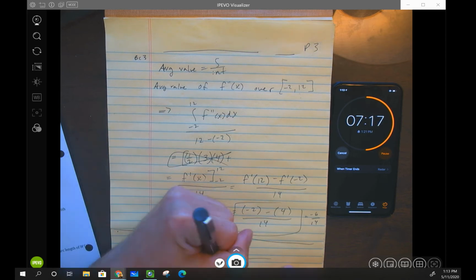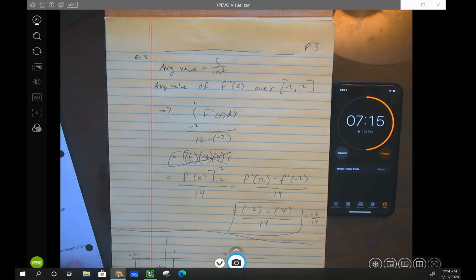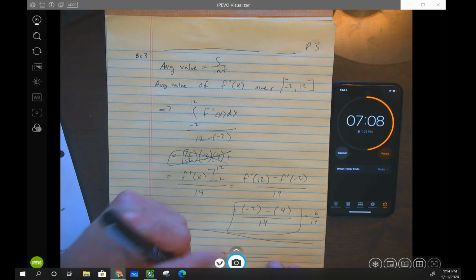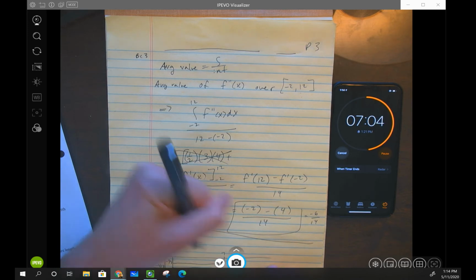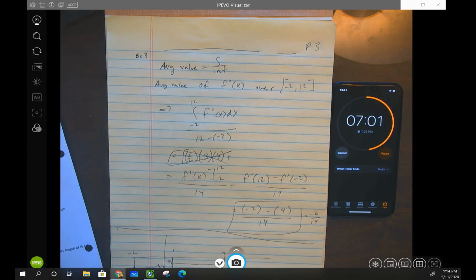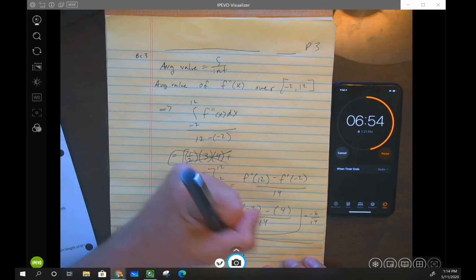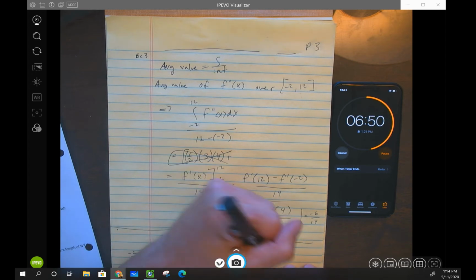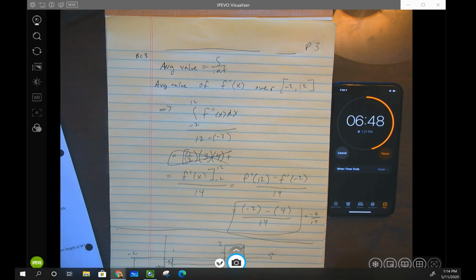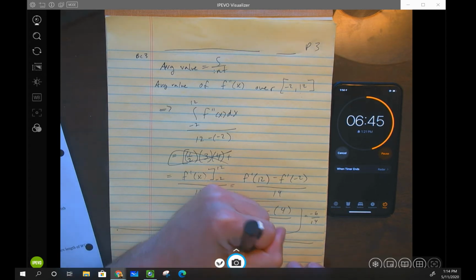And then from 1 to 7, the slope is negative 1, 2, 3, 4, 1, 2, 3, 4, 5, 6, negative 2/3. So this is negative 2/3 here. And then from 7 to 9, the slope is a positive 1, 2, 3, 4 over 2. It's a positive 2. And then from 9 to 12, I'm worried here. Am I going to run out of time? Down 2 over 3.